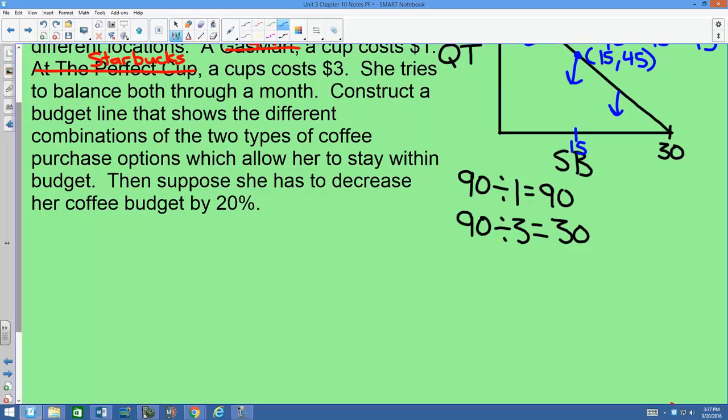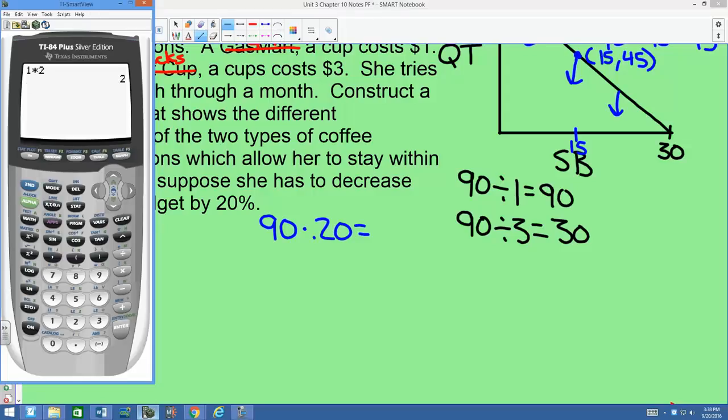Construct a budget line that shows the different combinations of 2 types of coffee purchase options, which allow her to stay within the budget. Then suppose she has to decrease her coffee budget by 20%. So let's find 20% of $90, which would be 18.